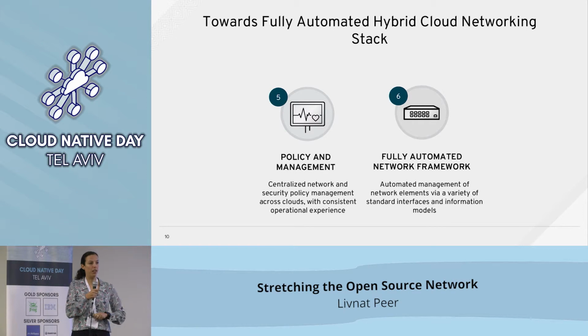Another two sets of challenges, and I hope that we will actually end with them. So the first is policy and management. Policy is the ability to define the policy in a single place and have it propagated into the different locations of your cloud. So you would want to define your policy once, saying, for example, all of my application workloads can have connectivity to my database servers.